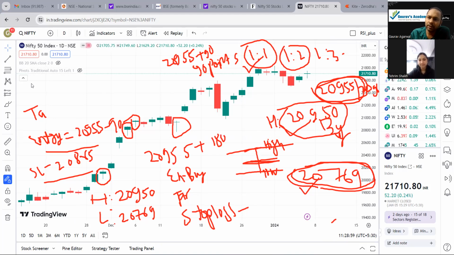And if you want 1:3 risk reward, your target will be 20955 plus 270. So this is how you calculate your stop loss and targets.